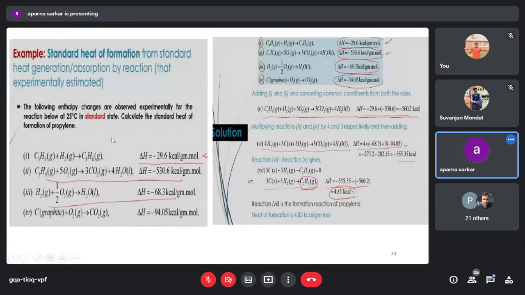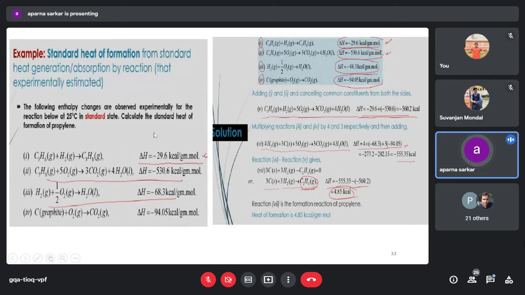So first, if you consider equation number 1 and equation number 2, from these we can eliminate the C3H8 term. On adding 1 and 2 we can eliminate this C3H8 term.